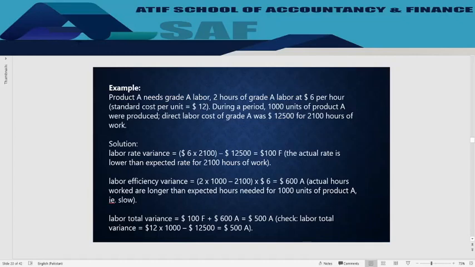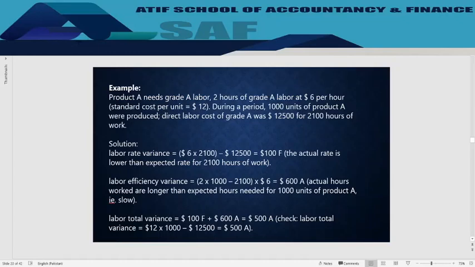So it gives a negative variance in quantity, and when multiplied with the standard rate, it gives a negative variance in amount. Or you can say actual hour worked are longer than expected hour needed for 1000 unit of production. That is why this variance is said to be negative.